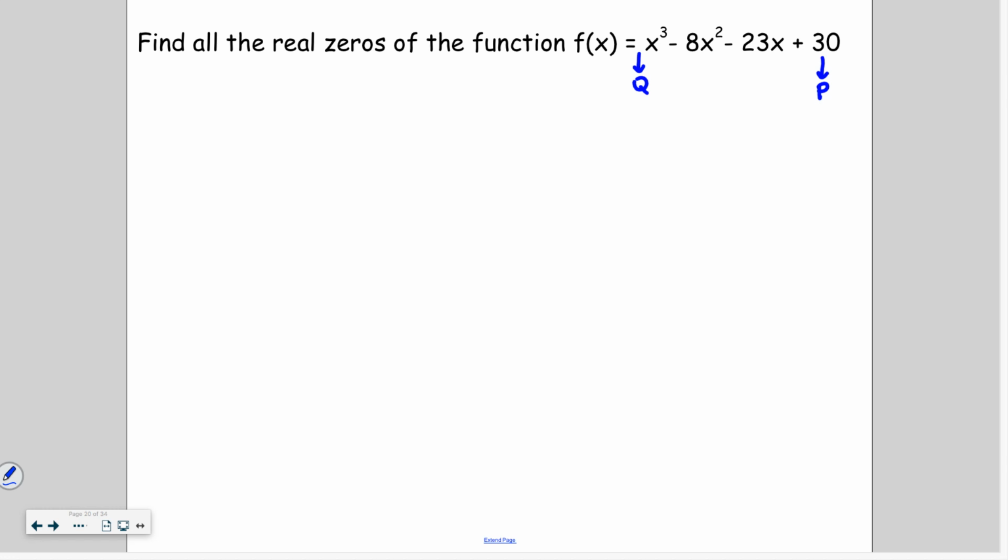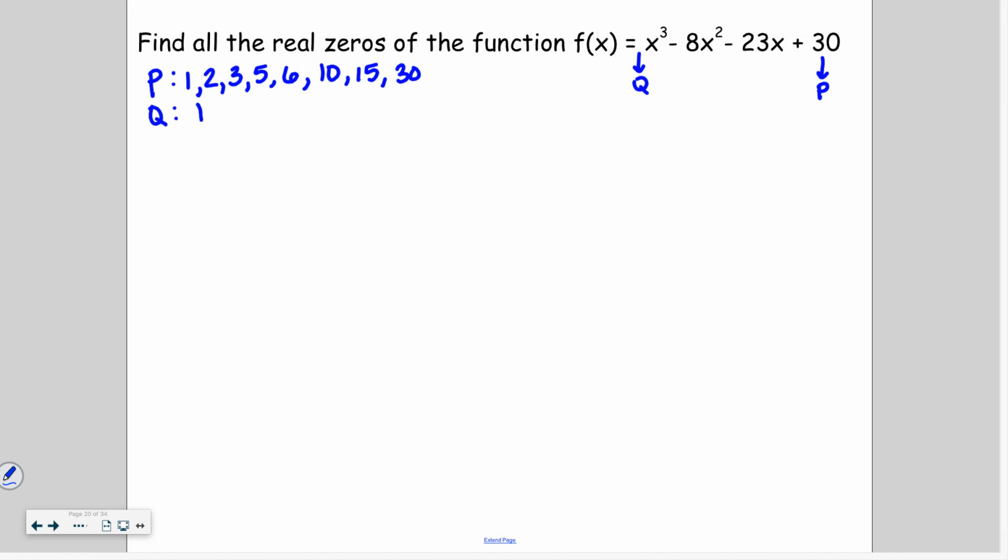So factors of P is 1, 2, 3, 5, 6, 10, 15, and 30. Our factors of Q is just 1.